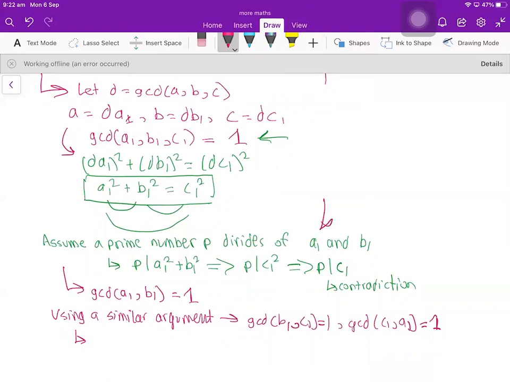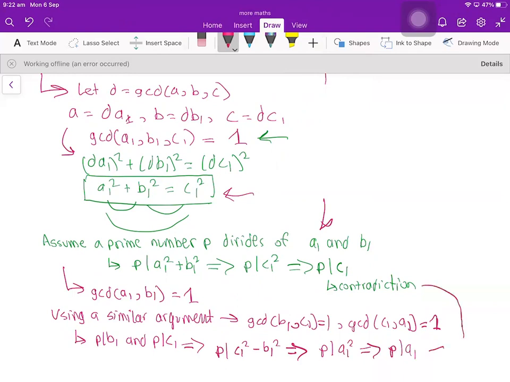So if p divides b1 and p divides c1, it means p divides c1 squared minus b1 squared. And this means p divides a1 squared. This only happens when p divides a1, and we get another contradiction.